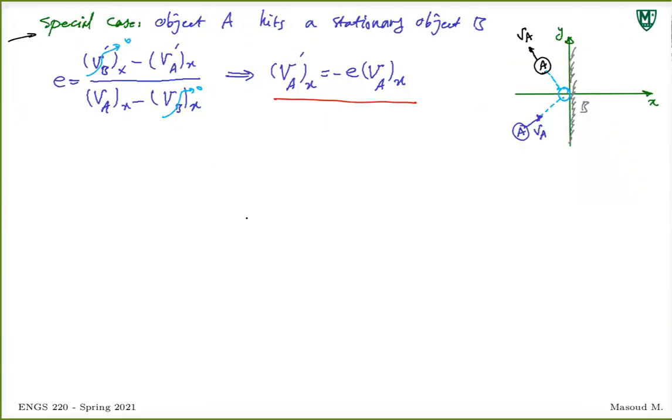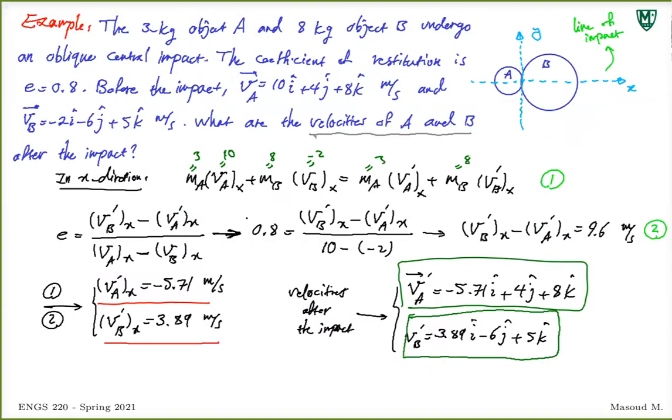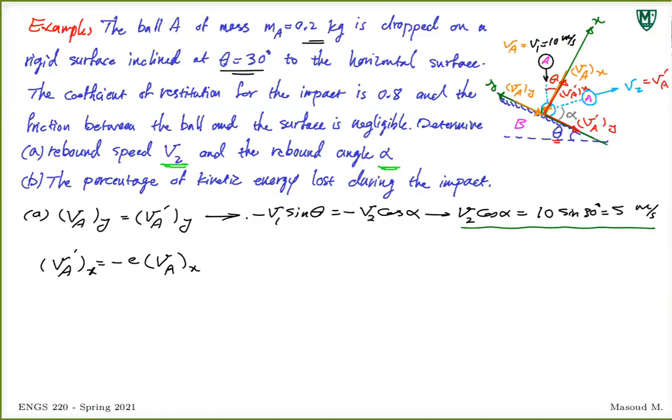The reason I'm solving these problems here, pay attention: in this example VA is in positive X, so the velocity before impact has a positive X component and a positive Y component. Keeping that in mind, you have to pay attention to sign. If it's not in the positive direction, you have to take that into account.